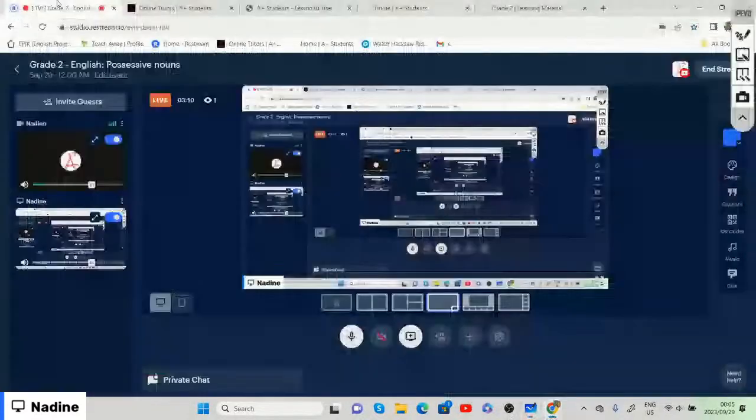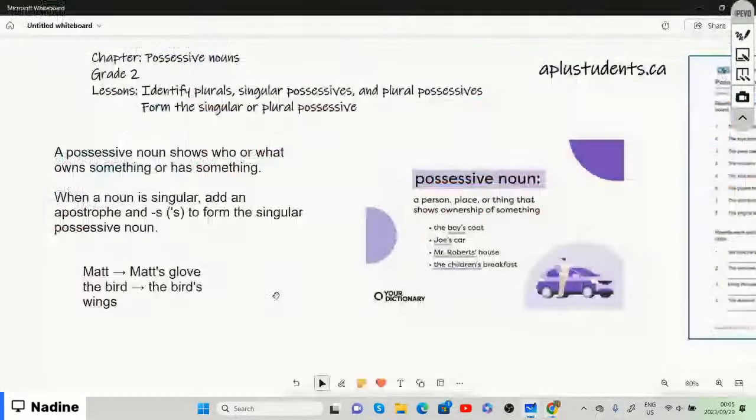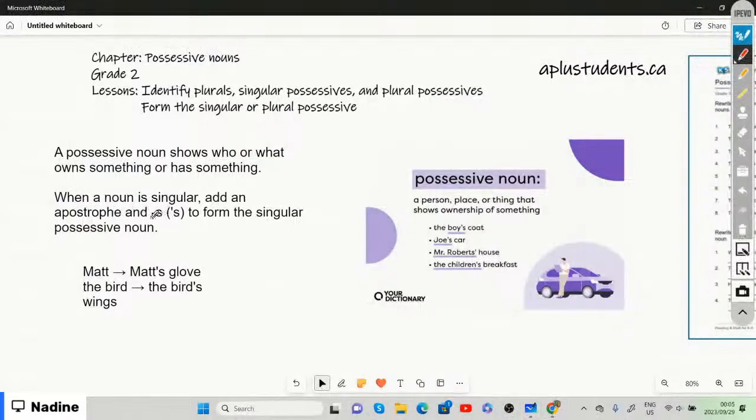Who owns something or who has something. And when a noun is singular, right, we add an apostrophe and an S to form the singular possessive noun.